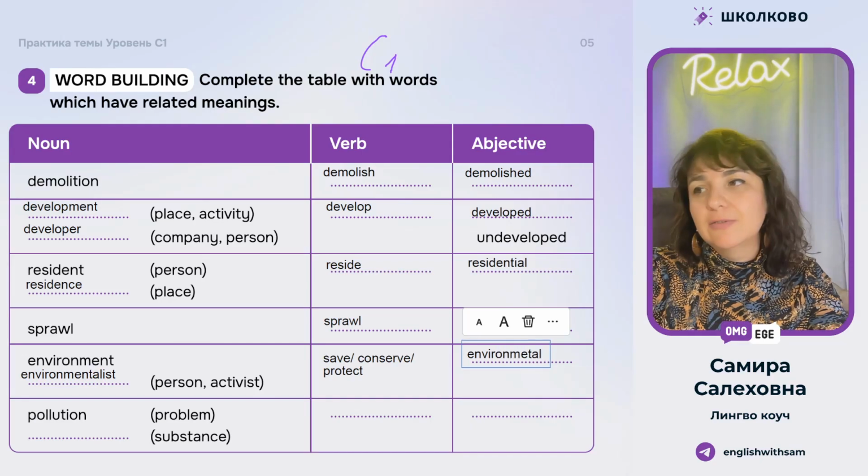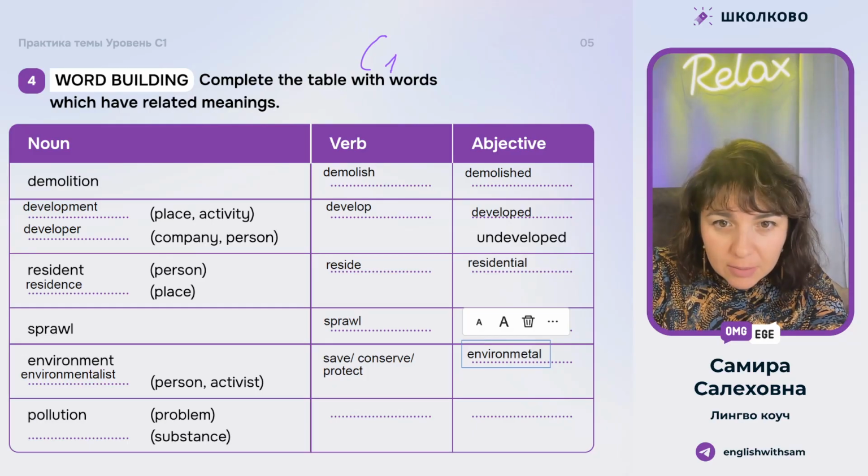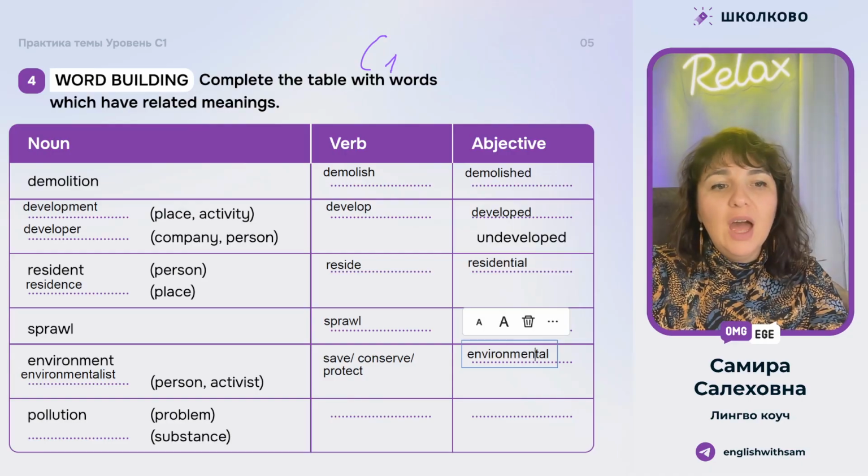Environmental, right? Environmental. Okay. Environmental. All right, and we have the last line, pollution, right?